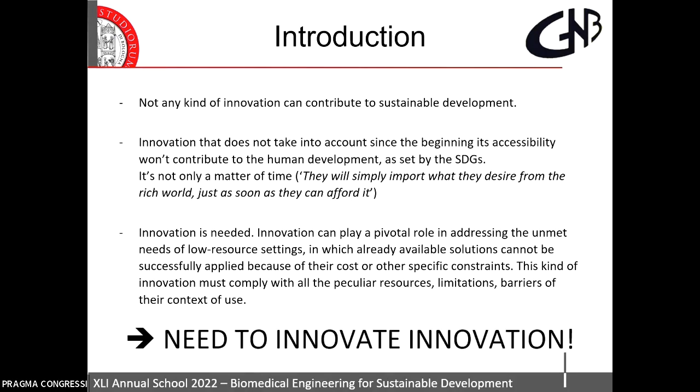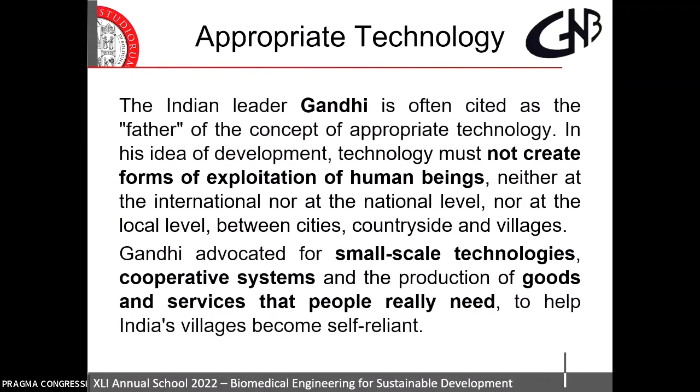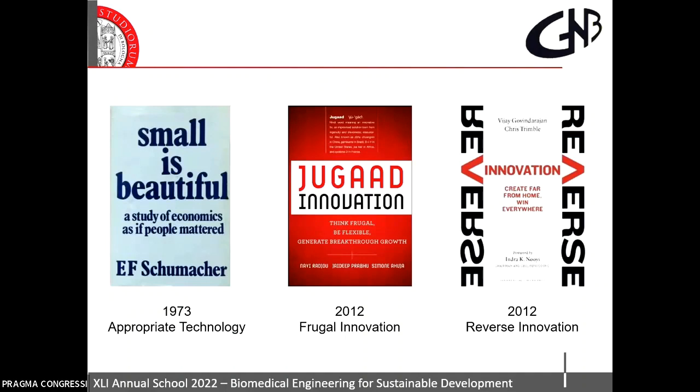Maybe we need to innovate innovation, okay? And this is something innovators and thinkers have been working on for many decades. I want to give you just some concepts, starting from three books.